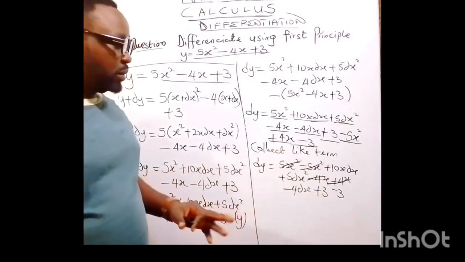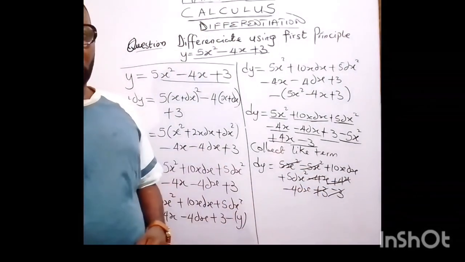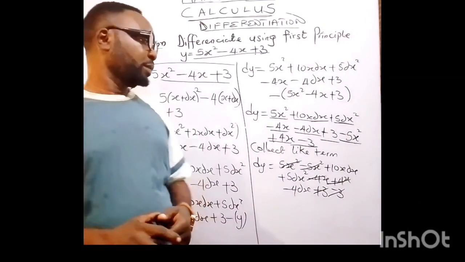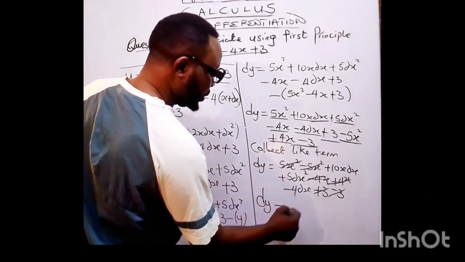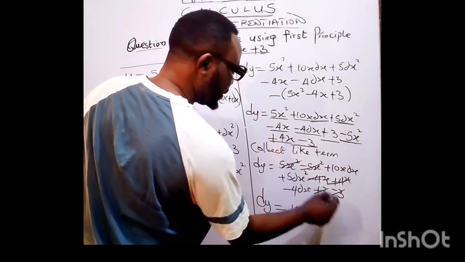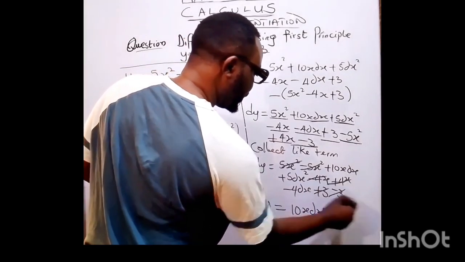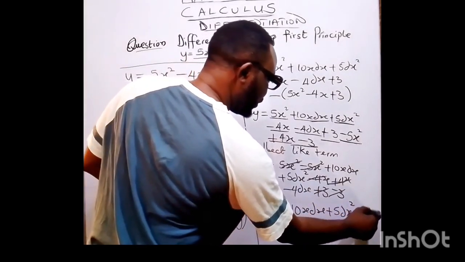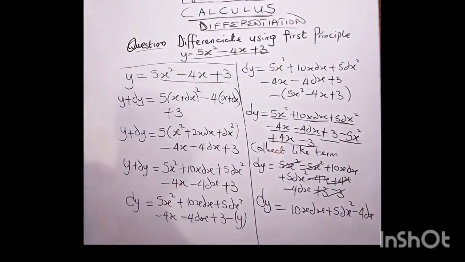That one also cancels each other out. Plus 3 minus 3, that one also cancels each other out as well. So in that regard now, I'm having behind the y will now be equal to 10x dx plus 5dx squared minus 4dx. That is the value I'm having for the y right now.